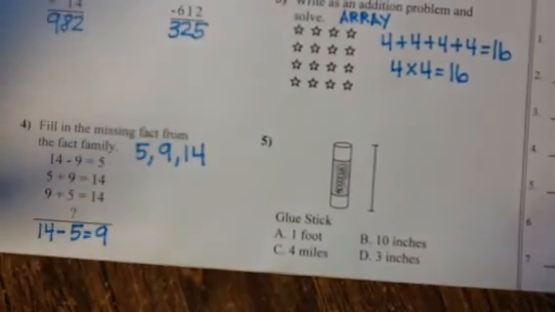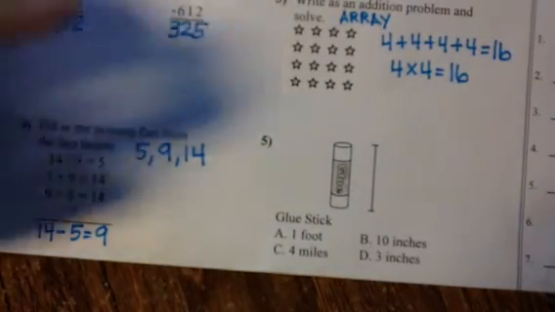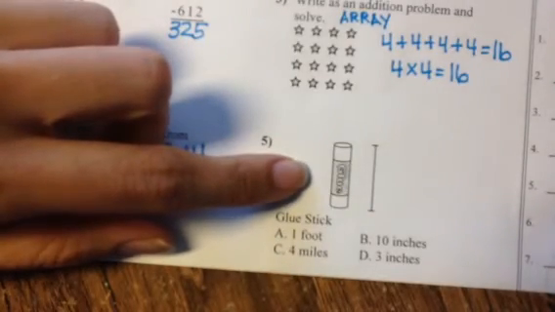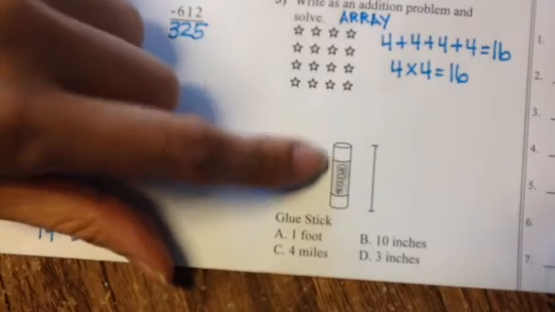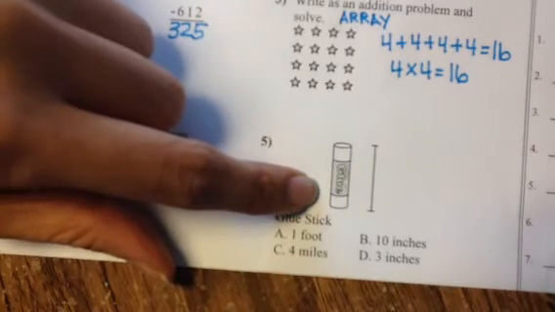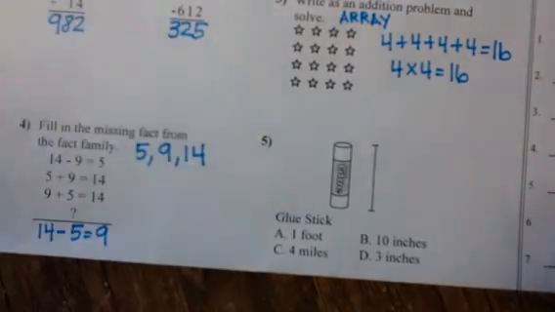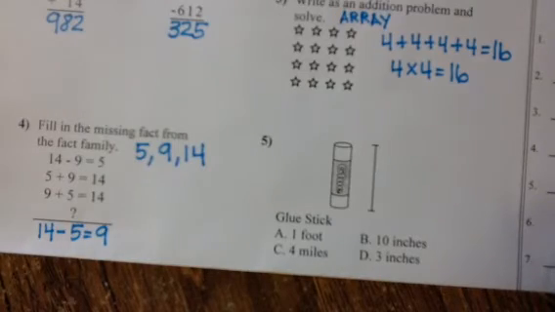All right, so for number 5, we are going to measure the glue stick. Now, let me say this. You are not measuring the picture, okay? You're not measuring the height of the picture of the glue stick on the paper. You are actually going to measure an actual glue stick, okay? So, let me see. I'm going to go find a glue stick.